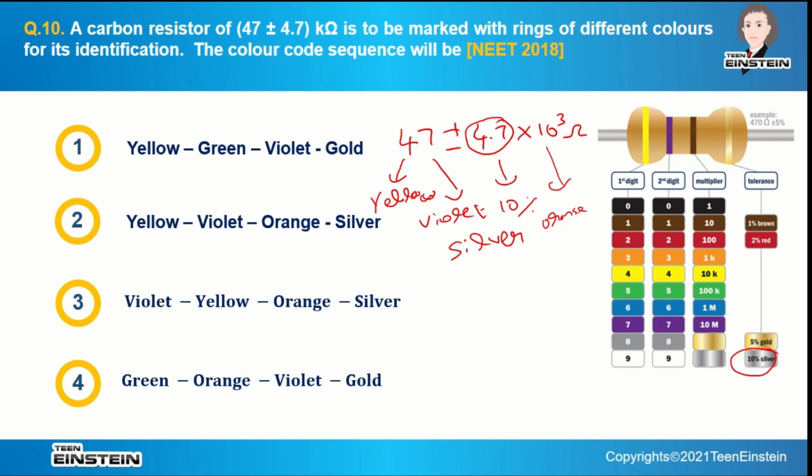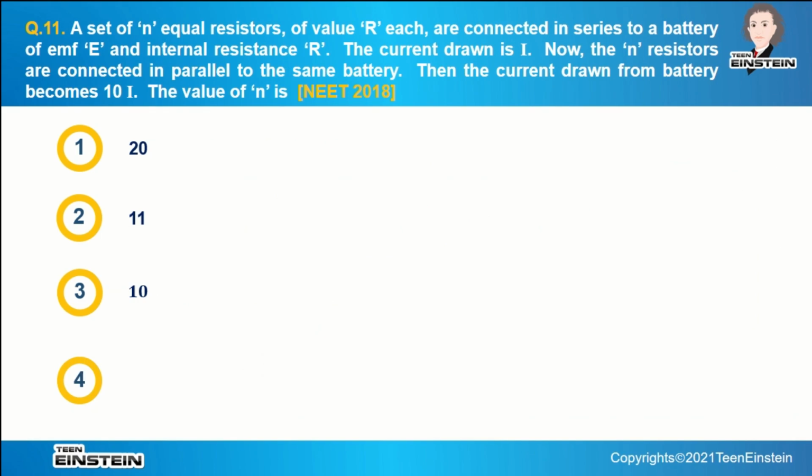So the correct answer is yellow, violet, orange and silver. The color code sequence for the given carbon resistor, with a value of 47 plus or minus 4.7 kilo ohm, is yellow, violet, orange and silver. We'll move on with the next question.